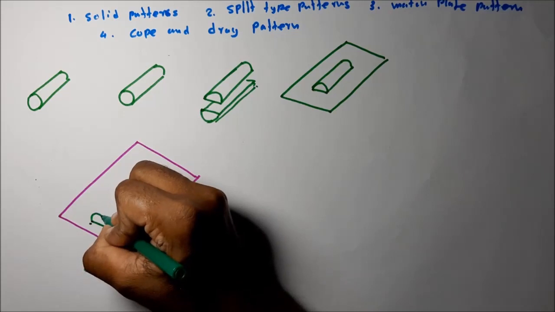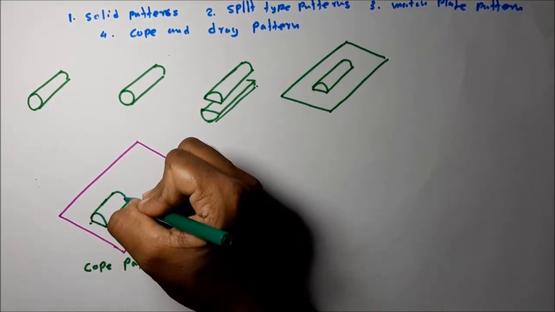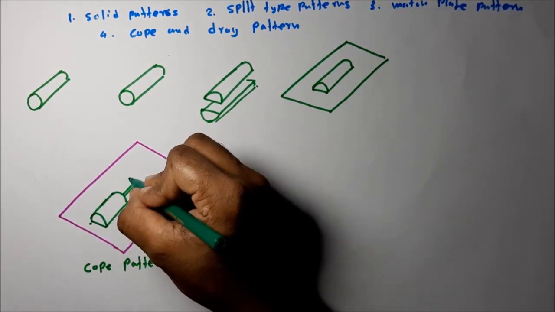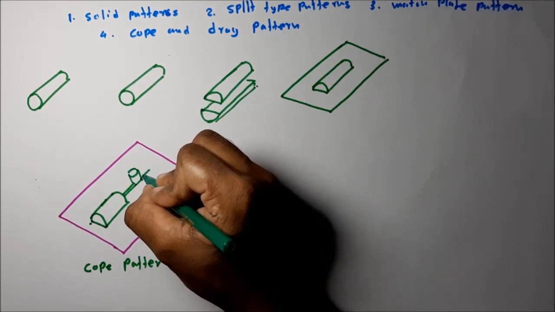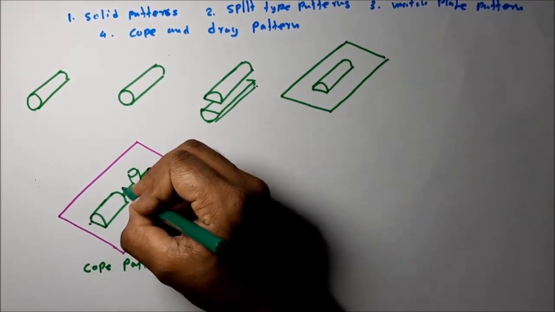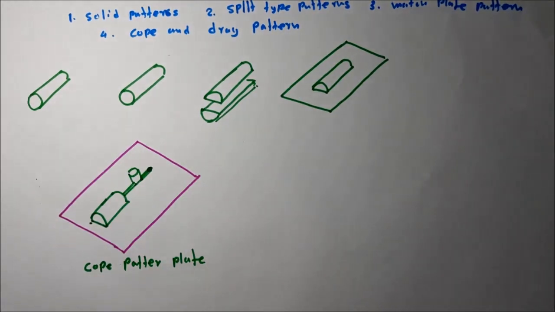This is the cope pattern plate. Then the runner system and also the riser, everything included. That means to create the runner cavity, riser cavity and the product cavity, everything is included in this cope pattern plate.